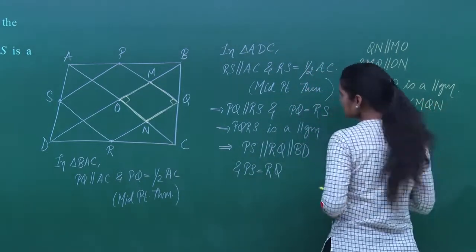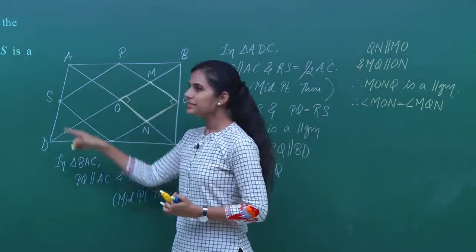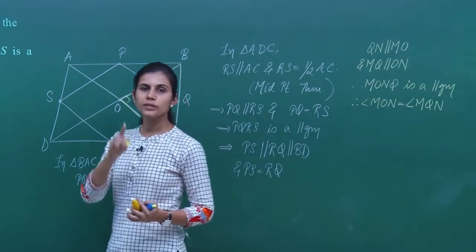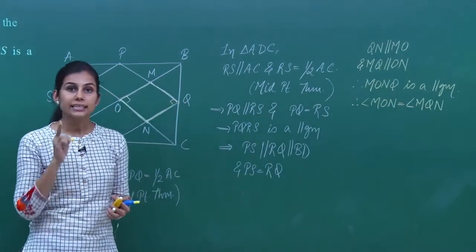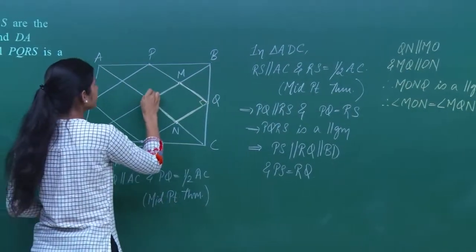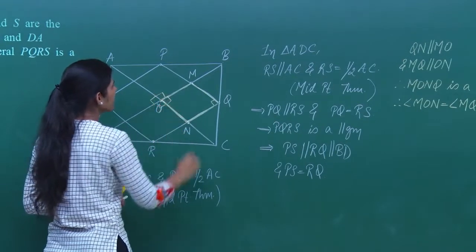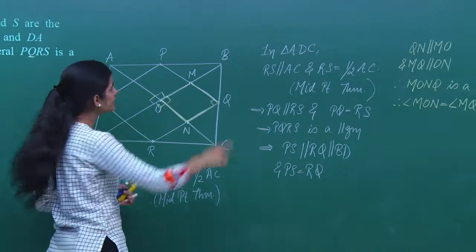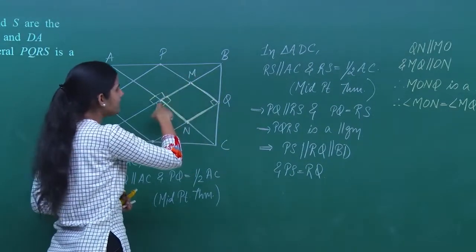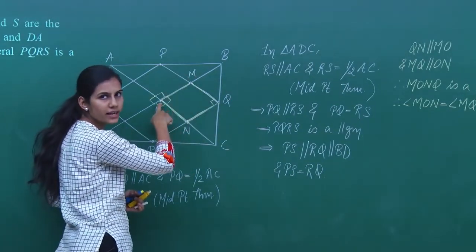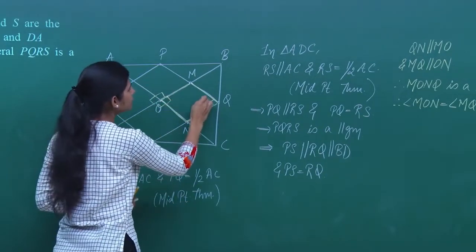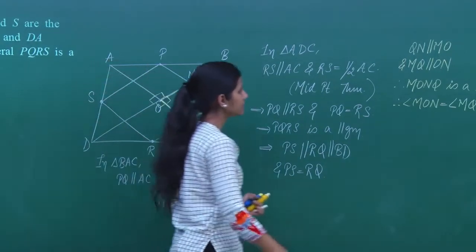But you should be very nicely aware of this fact that if ABCD is a rhombus and AC and BD are its diagonals, then diagonals of a rhombus always intersect at right angles. Each angle over here is 90. So MON is always going to be 90 degrees because the figure given is a rhombus and the diagonals of a rhombus intersect each other at 90 degrees. This is 90, so even this will be 90.